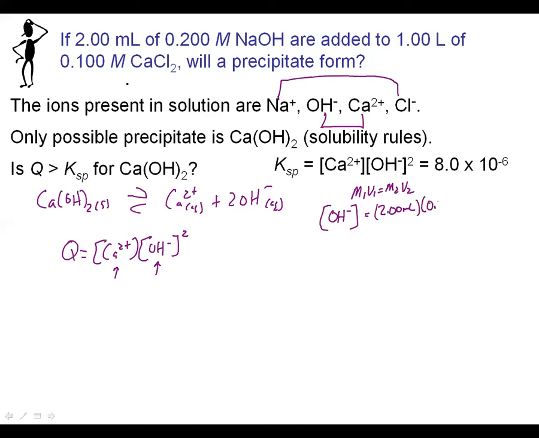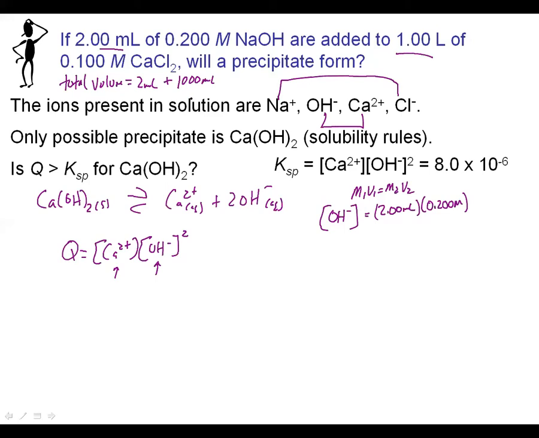Now our total volume, and you could do it a couple different ways, is 2 milliliters from our sodium hydroxide. We're going to mix it with 1 liter of calcium chloride. So just to put them in the same units, I'm going to do that as 1,000 milliliters, which is the same as a liter.